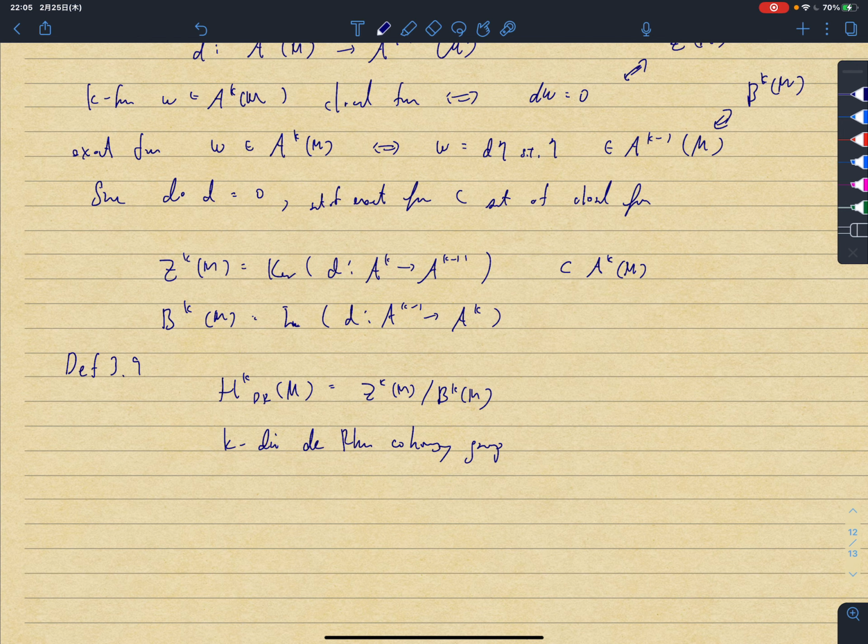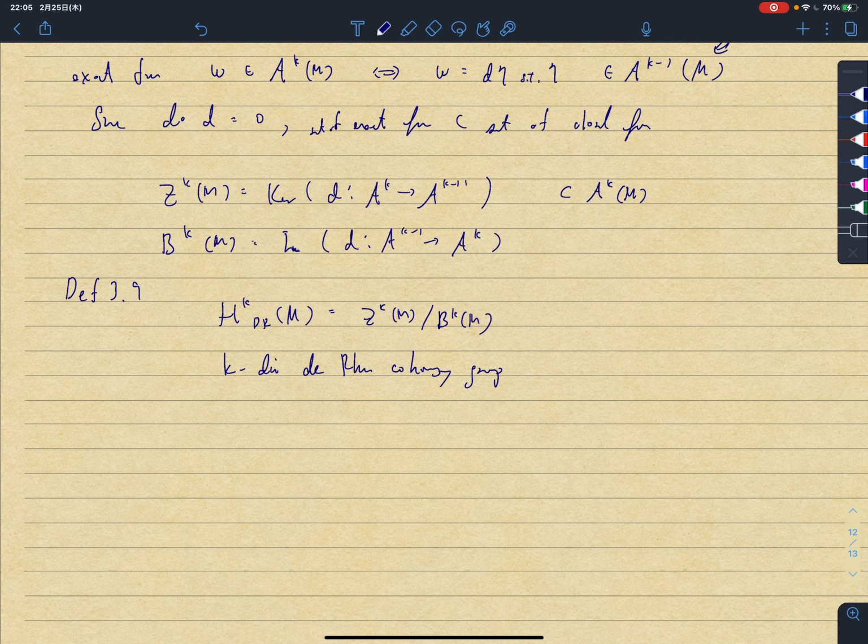For a closed k-form omega, we denote the class it belongs to in the de Rham cohomology group by [omega] in H^k_dR(M), and call this the de Rham cohomology class represented by omega.